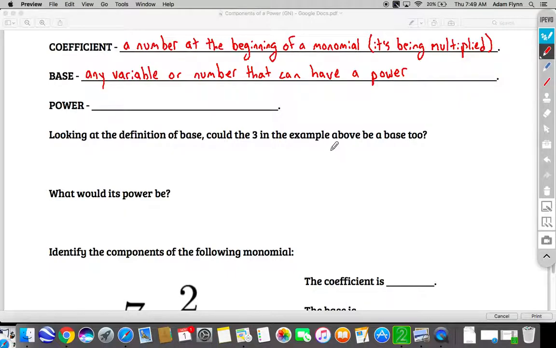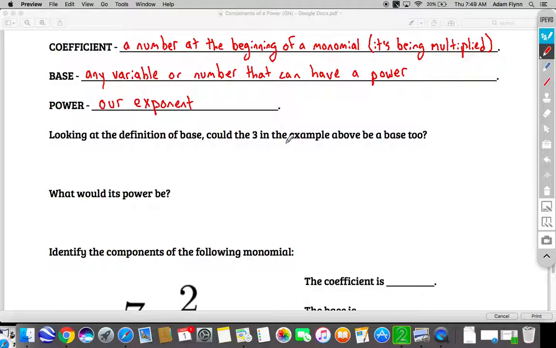And lastly, power is our exponent. Okay, so it'll be the little number raised at the end of our monomial.